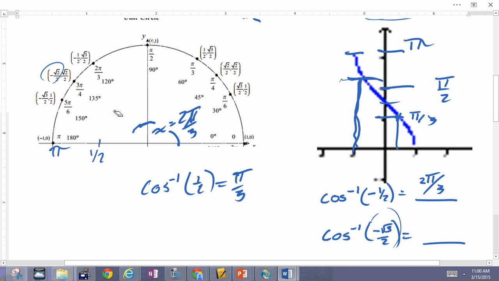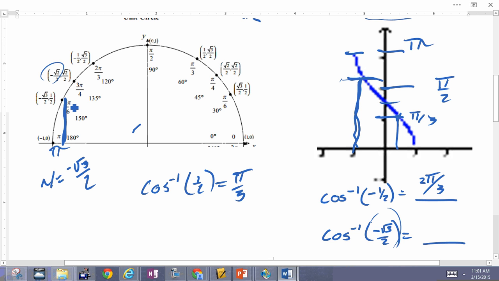So if we look over here, what is the cosine inverse of negative root 3 over 2? Negative root 3 over 2 is again some fractional value, probably about 0.85. So we're coming out here. This is the input value of x equals negative root 3 over 2, because clearly it's in the second quadrant, where x is negative.